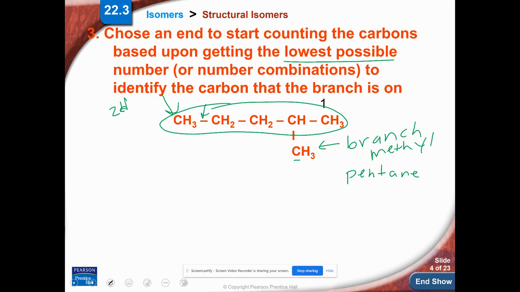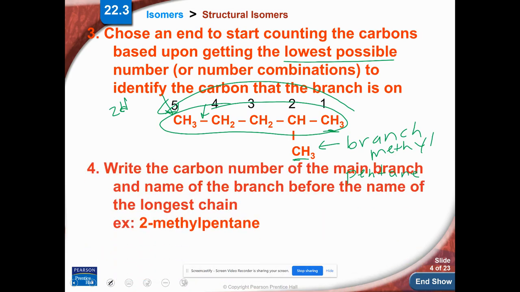So if I take this molecule and I flip it over, then it's the same thing. It's just flipped over. So I am going to count from this side because the branch is closer to this side. So that's why I'm calling that carbon number 1. That's carbon number 2. So then our branch is on carbon number 2, and that's 3, that's 4, and that's 5.